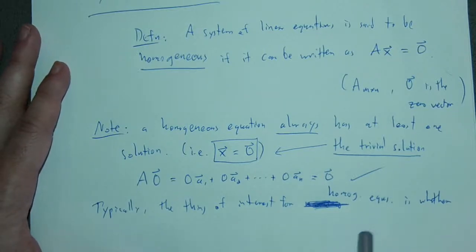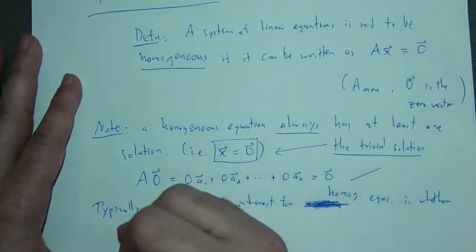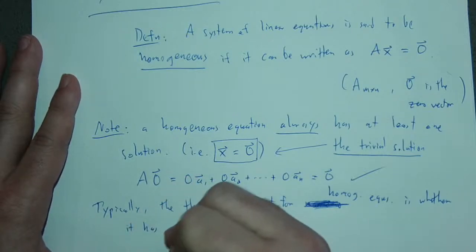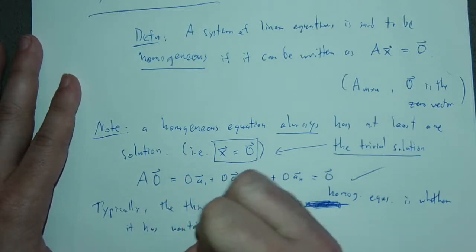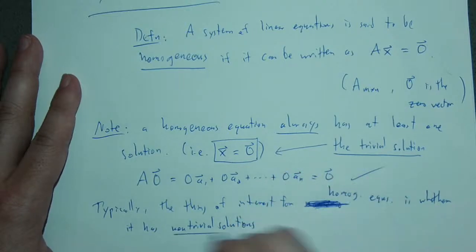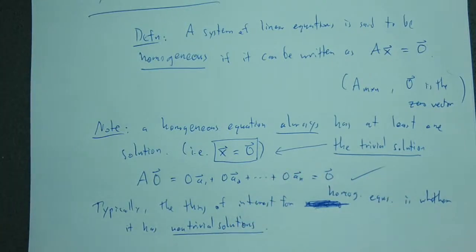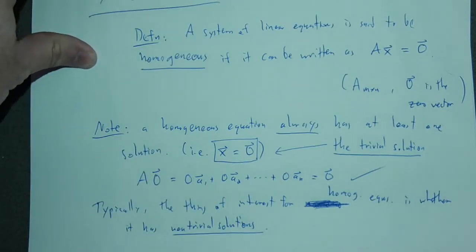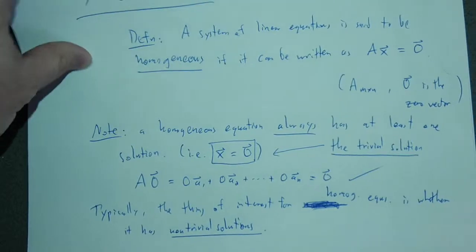But the thing of interest for homogeneous equations is whether it has non-trivial solutions, that is, solutions that are not the 0 vector. This is the thing we're interested in for homogeneous equations. All right. Well, what does this tell us?